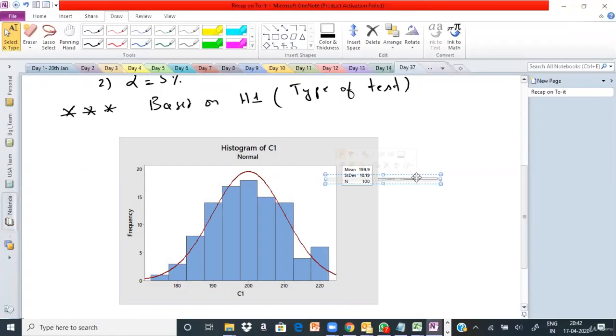So now in this picture, this is your volume of the data, volume of the drink.